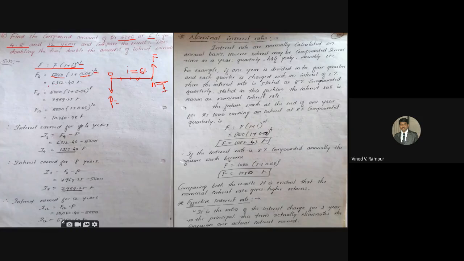Now you have to calculate: 6,312.40 rupees for the fourth year. That means he is giving 5,000, and after 4 years he is getting 6,312.40 rupees. Similarly for the 8th year, n becomes 8: 5,000 into (1 plus 0.06), since 6% is common for all the years, raised to 8.